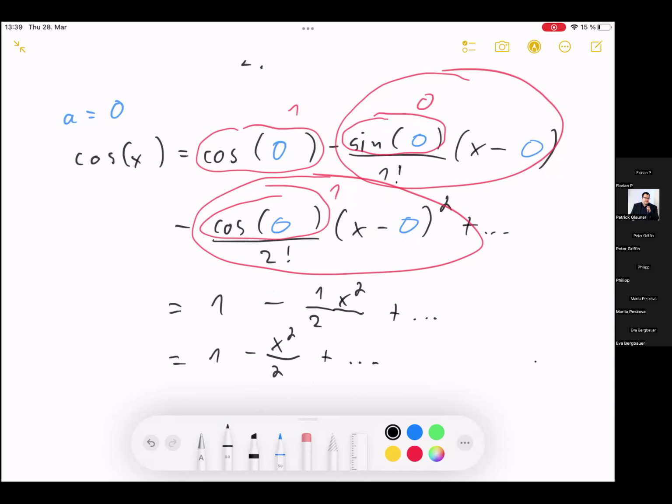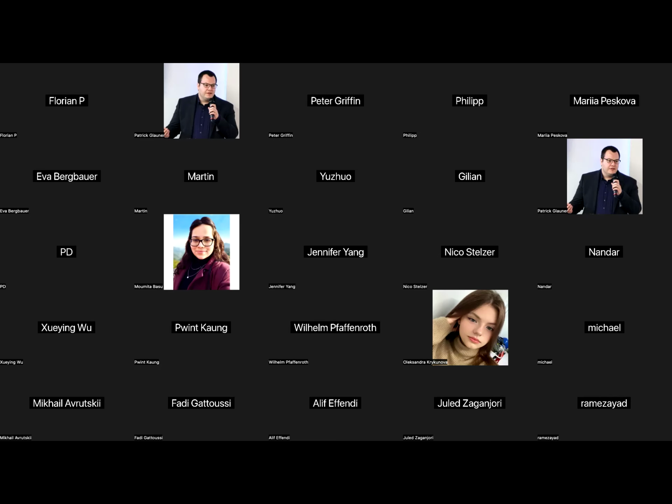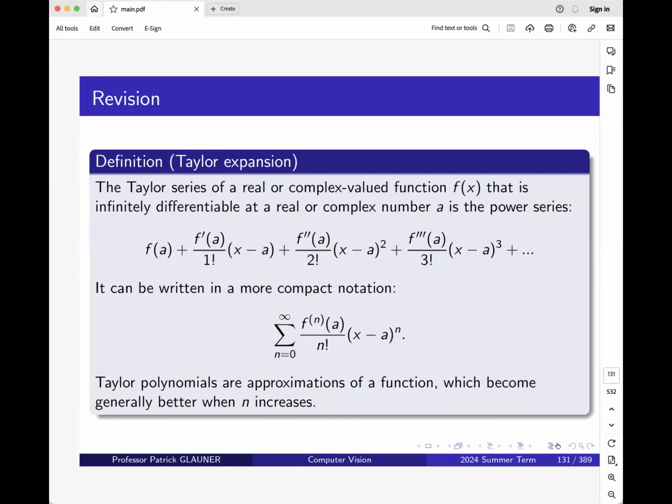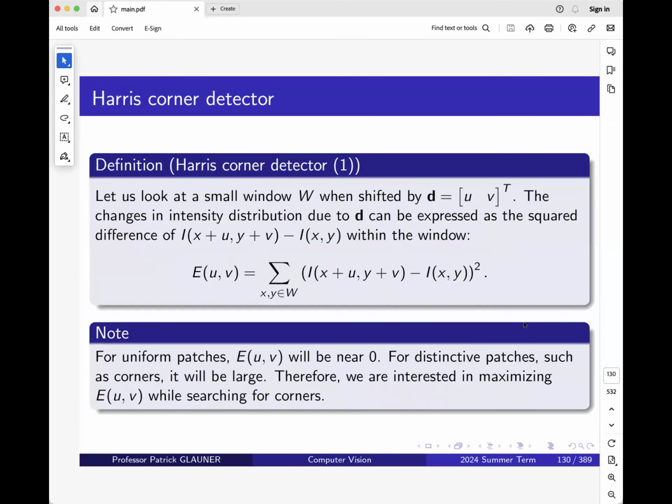So what I have actually just built is an approximation of the cosine function through these Taylor polynomials. In order to get a better approximation, I should put in a few more steps, and I'll show you this briefly in the slides. So this is all what we had just discussed.